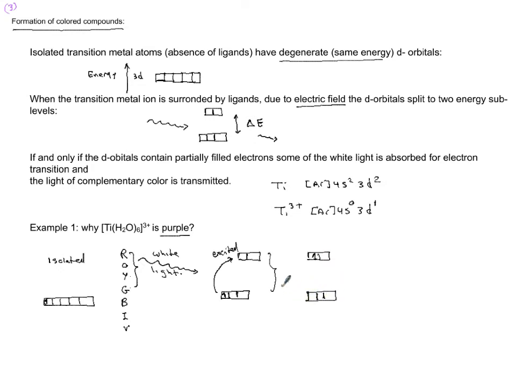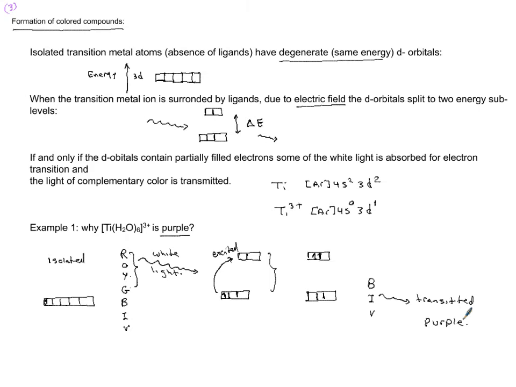So there was some energy that was absorbed to get this electron excited. What you see is the leftover, which is blue, indigo, and violet. This is what's transmitted, and you see a collection of purple light because now you have a mixture of 3 colors, so this becomes overall purple.